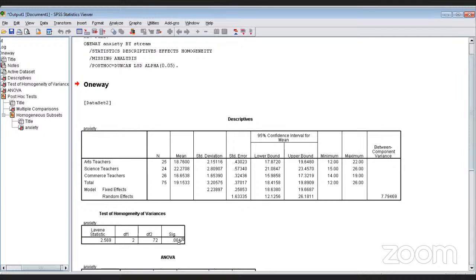The meaning is whatever are the differences of anxiety in the arts group, the same differences are in science and the same difference in commerce. So my homogeneity of variance condition is satisfied.